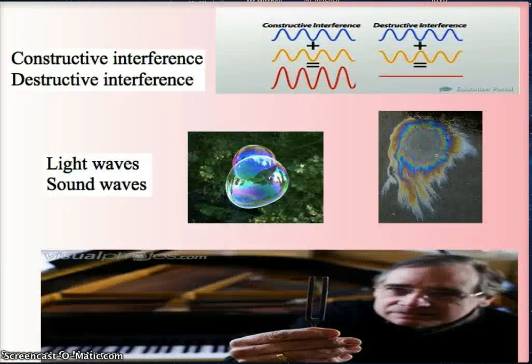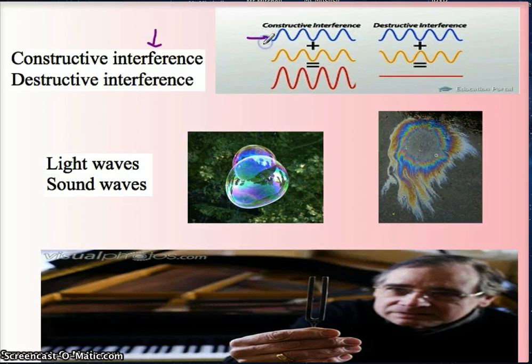Well, let's take a look at a different idea. Waves in the same place combine to produce a single wave. This is called interference, and you can see there are a couple of different kinds of interference. Now keep in mind, interference is when waves in the same place combine. So we're talking about two waves here.